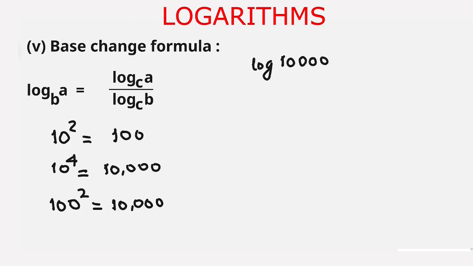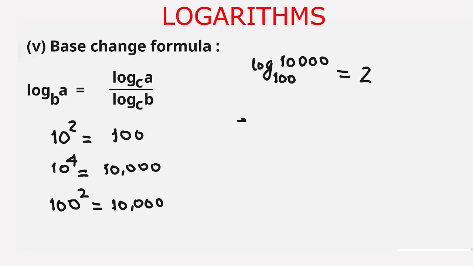Log 10,000 to base 100 equal to, from here 100 to the power 2 equal to 10,000. So log 10,000 base 100 equal to 2. Now if we want to change the base of 10,000 to 100, then also it should come to 2 by using the base change formula.